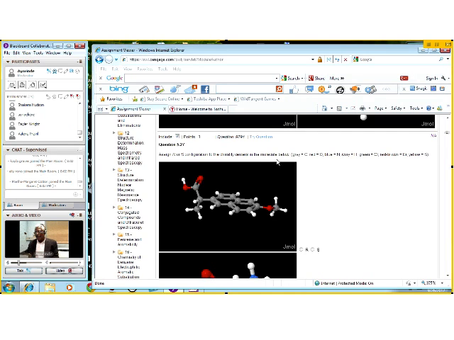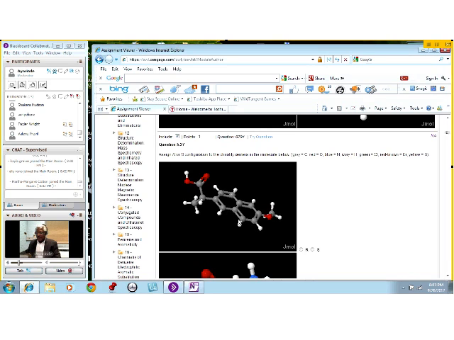Very good, you did very well. So the question is, assign R or S configuration to the chirality centers in the molecule below. And actually, we do have two molecules here. This is the first of the molecules that we need to assign the absolute configuration to the chirality center.